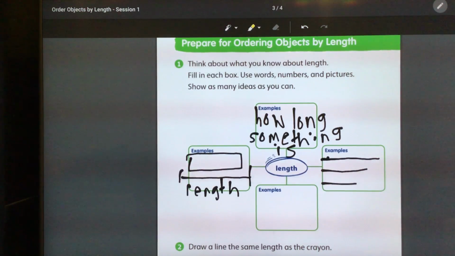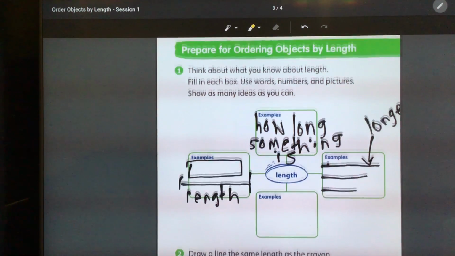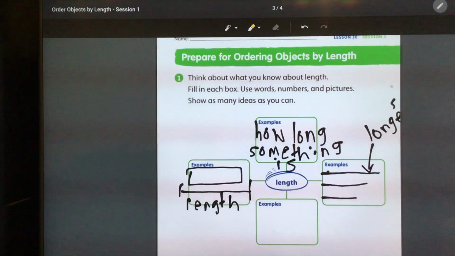When I'm doing length, one of the words that I use for length is longest. So I'm going to point to this one and I'm going to write longest. Oops, that's going off the page, sorry. Longest.